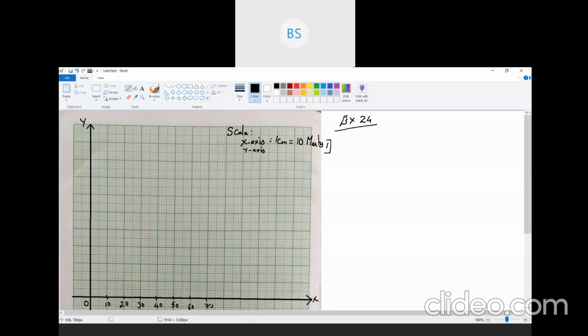Right? Then we have the y-axis. On the y-axis we have to fit in till 20. So here we can go with 1 centimeter is equal to 4 students.